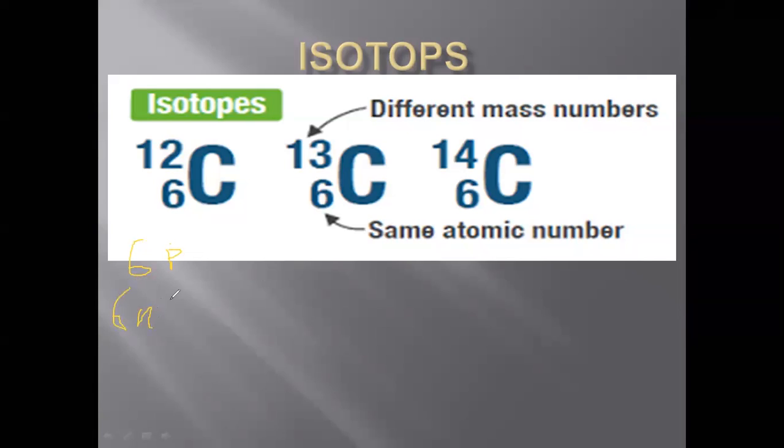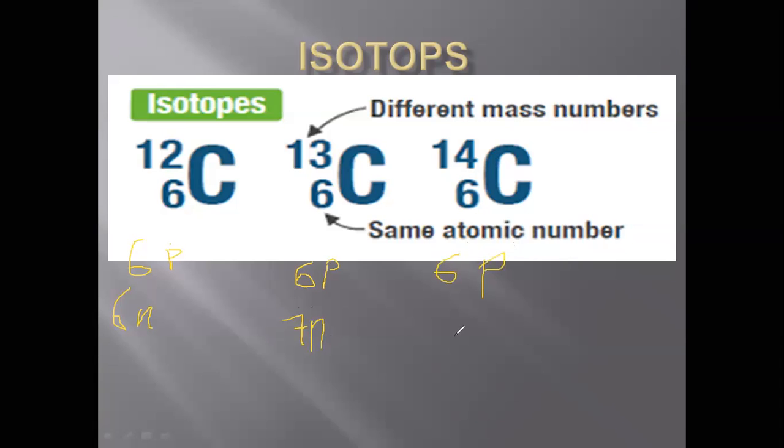Here I have 6 proton also, and 13 minus 6, it will be 7 neutron. In the third one, even here I have 6 proton, and as Abdulaziz said, I have 8 neutron.